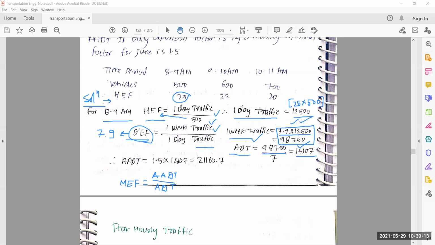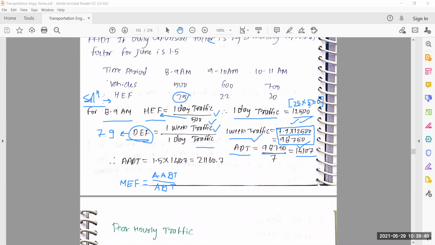And also from 1 day traffic, because we know 1 day traffic, we find out 1 week traffic by using DEF, the daily expansion factor. So 1 week traffic will be known to us.